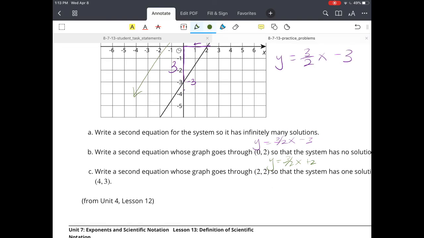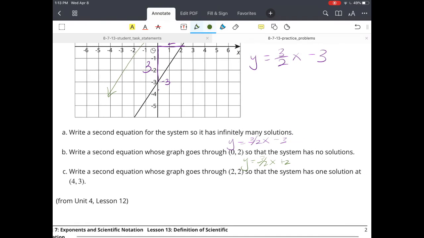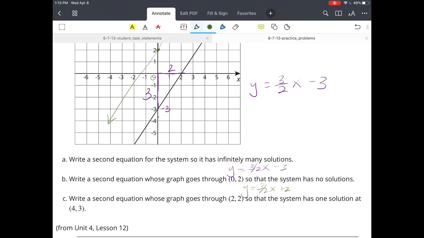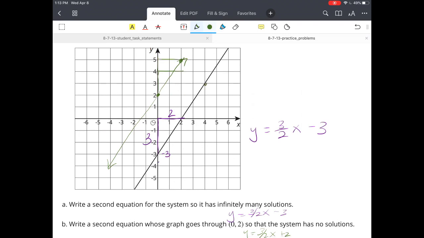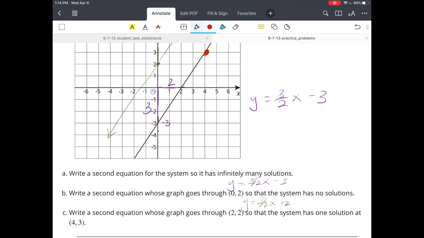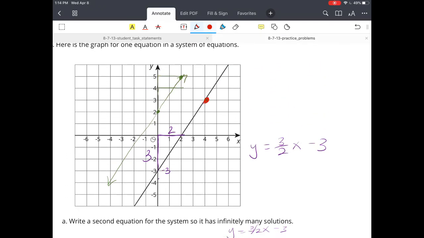And for this last one, we want a second equation that goes through 2, 2, and it has a solution at 4, 3. Okay? So we want it to go through this point here. Oh, let me use a different color. Let me use red. We want it to go through that point, and we also want it to go through 2, 2.